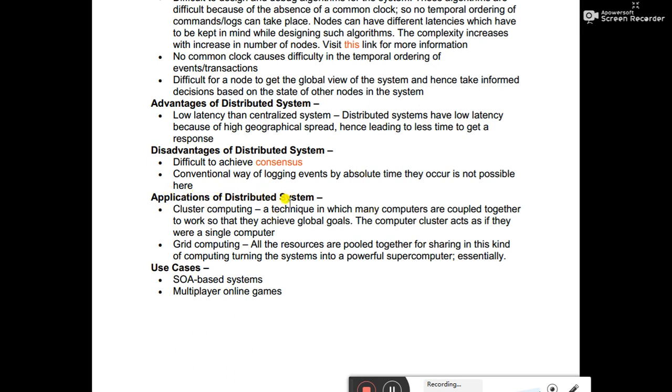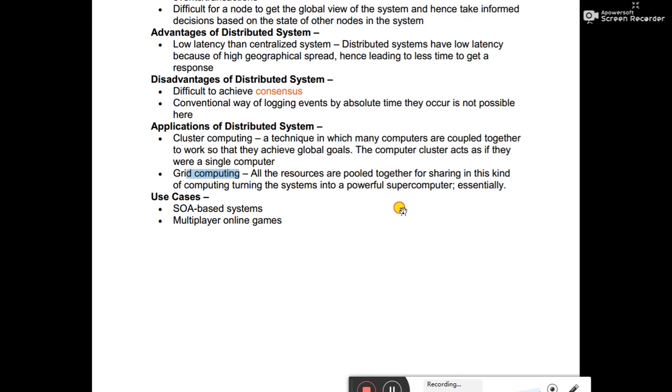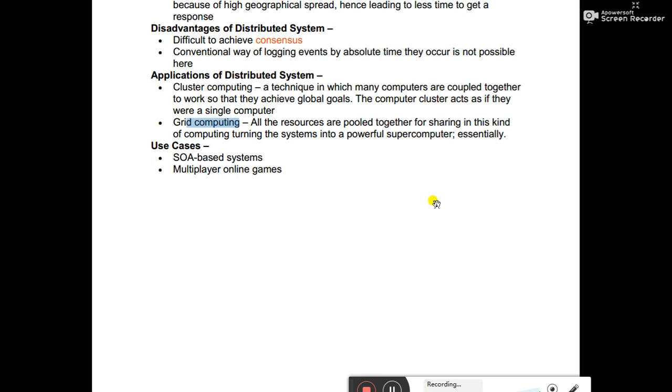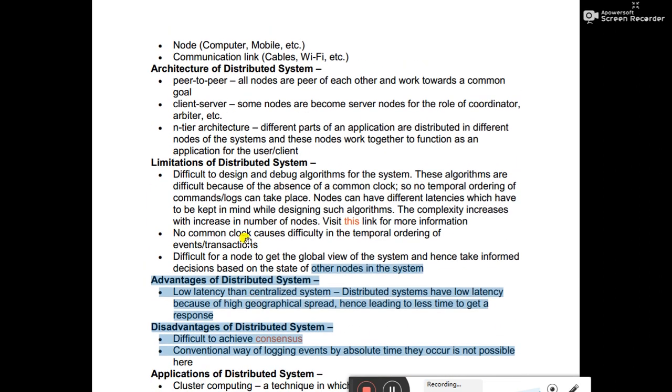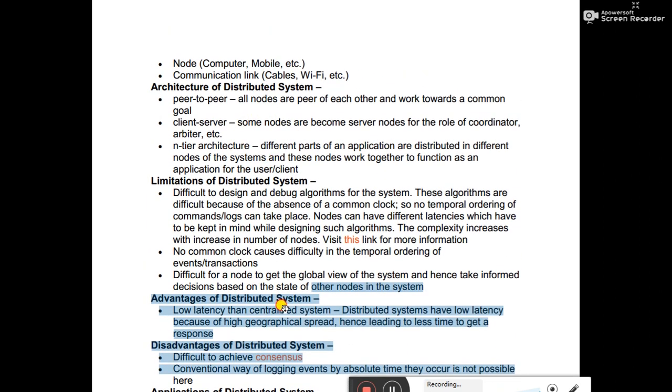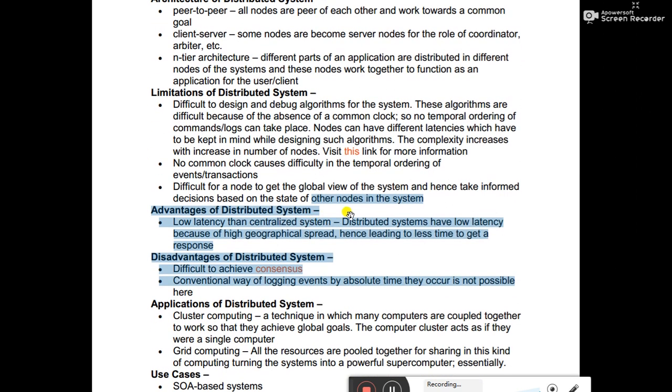Applications of distributed system are like cluster computing or grid computing, or we can say somewhat about cloud computing also. So this is all about distributed system, decentralized system and centralized system.